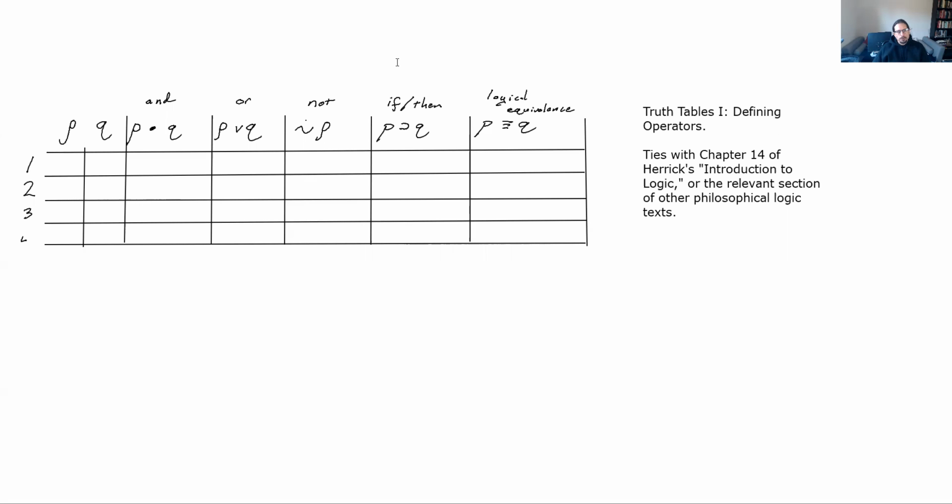So a truth table is a way of understanding what a statement, what a well-formed formula in propositional logic means. And if you don't know what a well-formed formula is, check out my other video, the video I put out last week for this class on well-formed formulas, or chapter 12 in our book. Essentially, a well-formed formula is just a grammatically correct statement in logic.